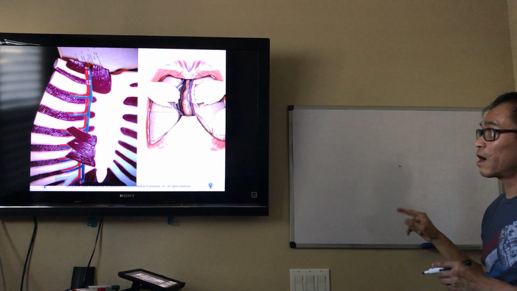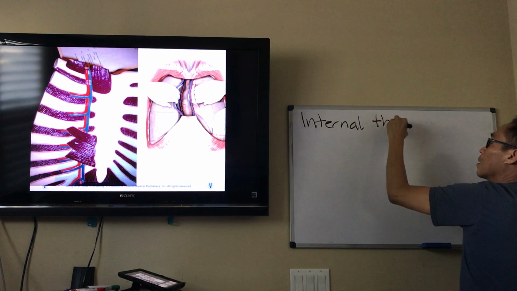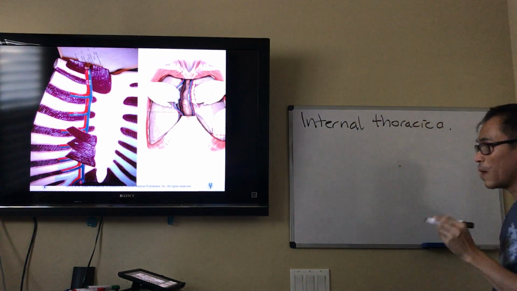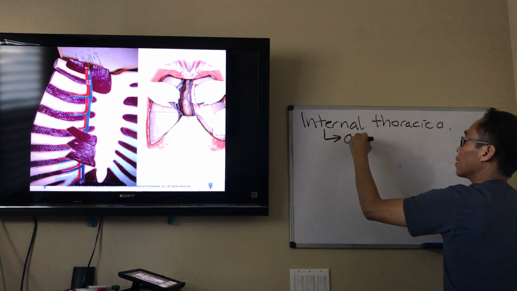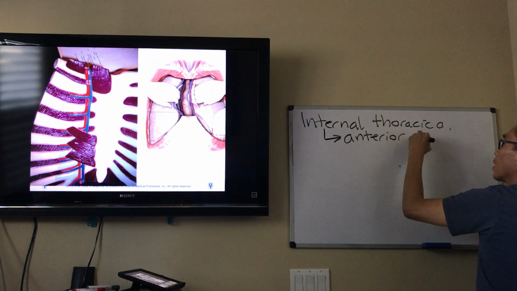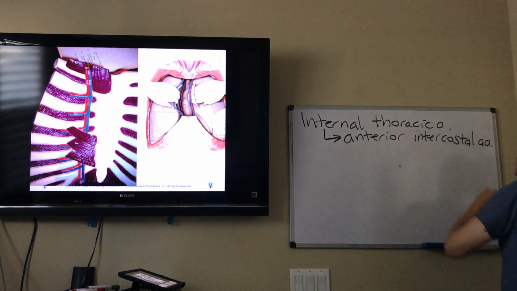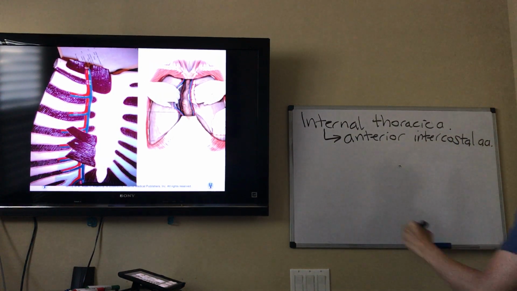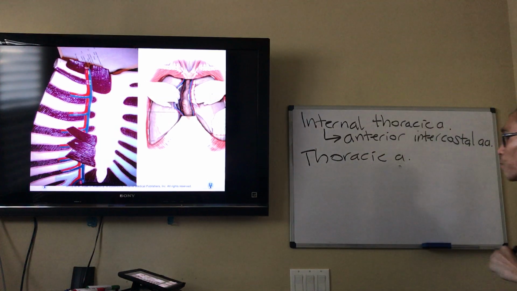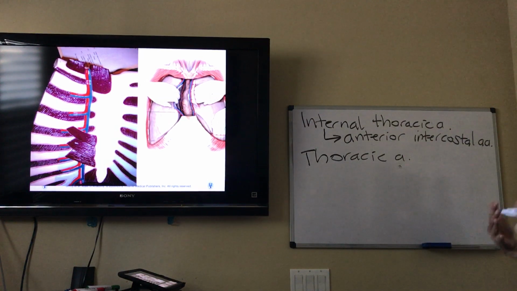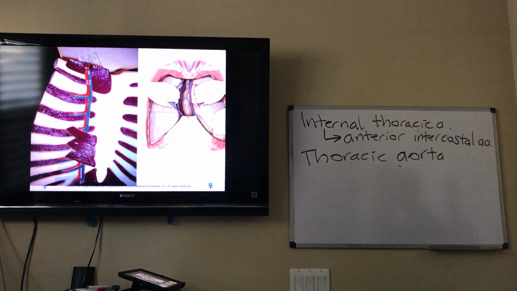So, branching off internal thoracic artery, you have anterior intercostal arteries, and branching off thoracic aorta, let me write that out, you have posterior intercostal arteries.